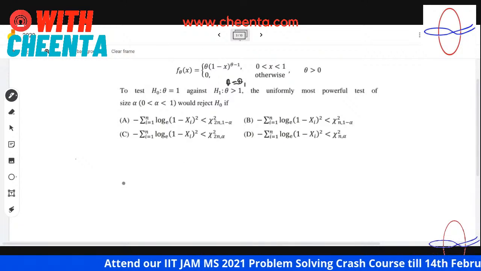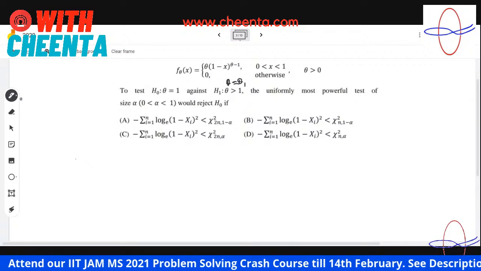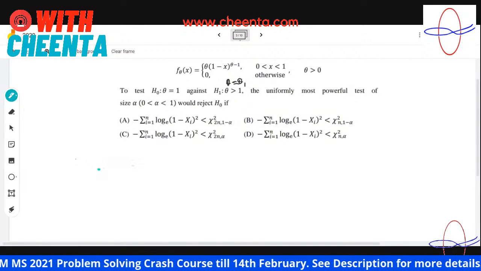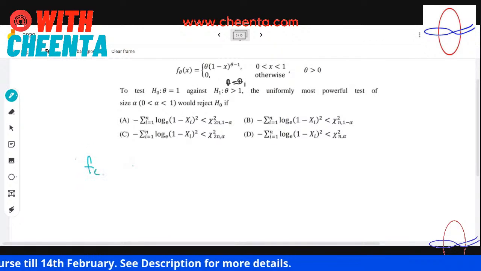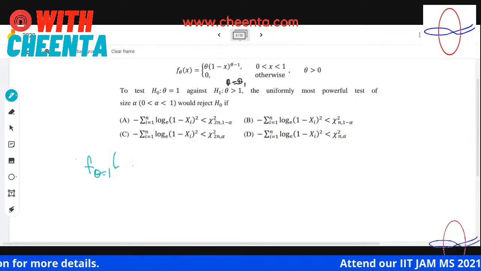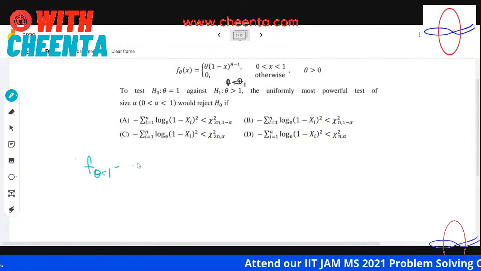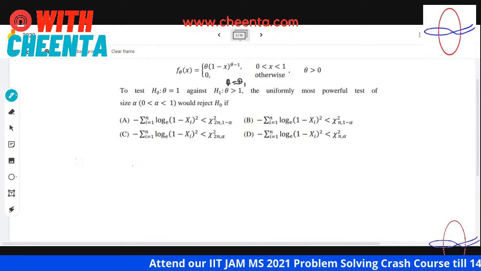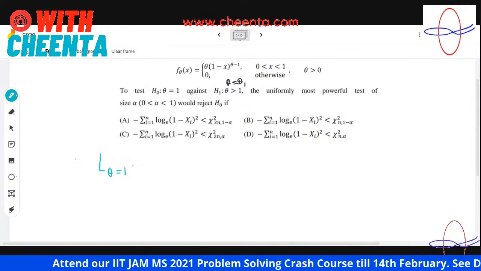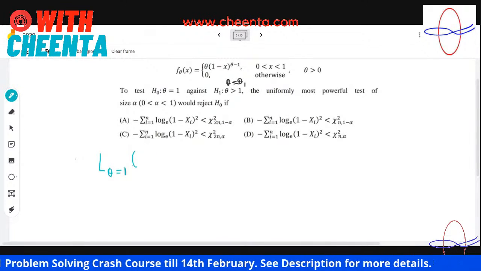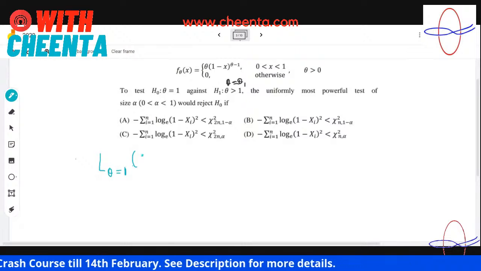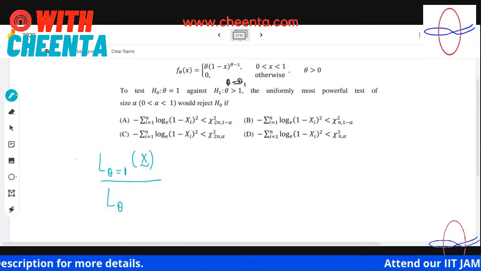Okay, so the Neyman-Pearson lemma test. How do you do it? We take the likelihood at theta equal to 1, and the likelihood at theta equal to theta 1.